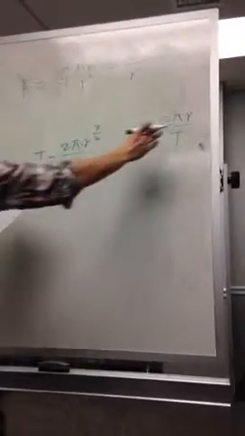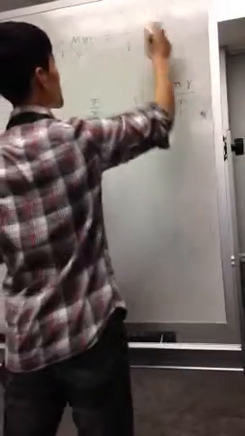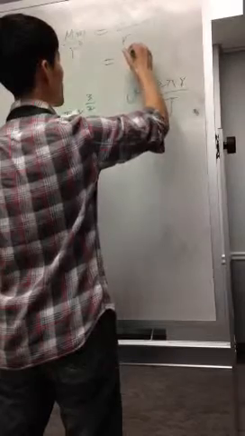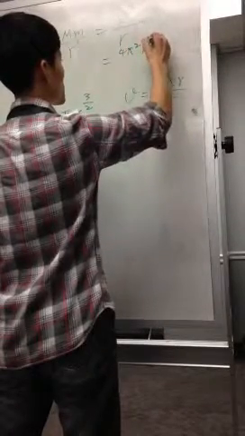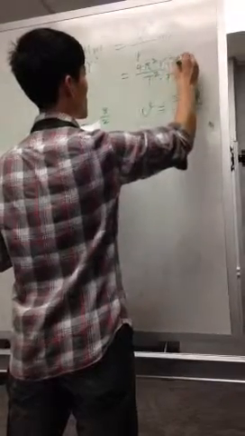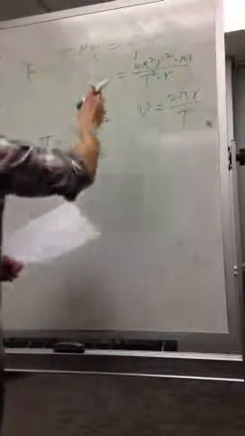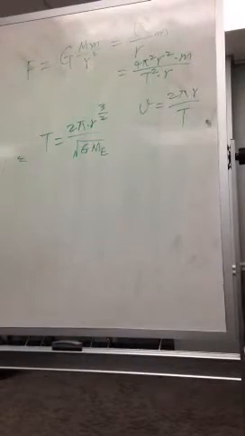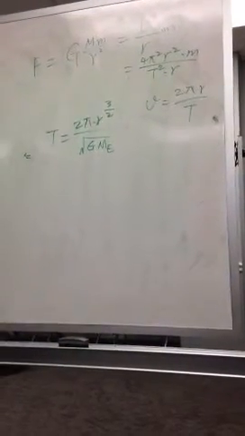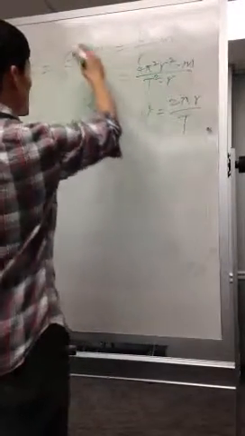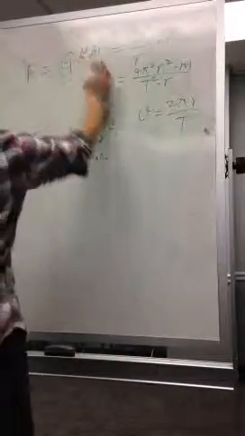So if you plug in this 2 pi r divided by T here, you got 4 pi squared r squared over T squared, times m, is equal to this, right? And then let's simplify this.